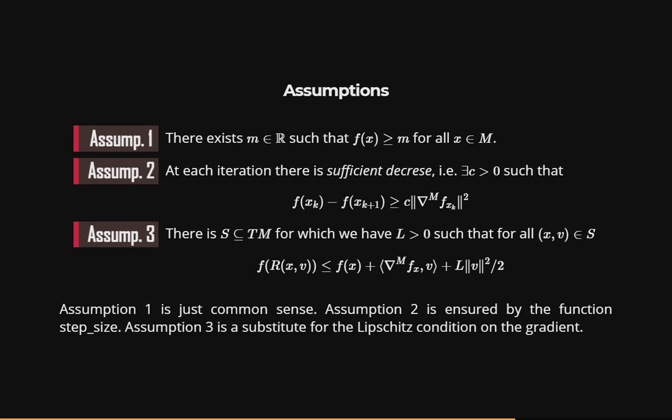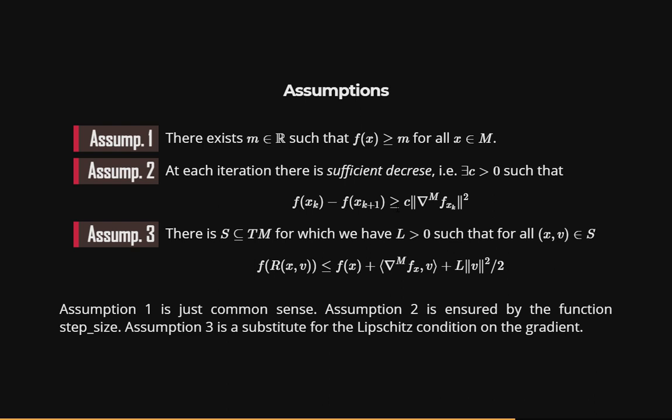So assumption 1 depends just on the problem we ask, on our cost function. Assumption 2 can be obtained if we choose carefully the step size. Assumption 3, again, is something which depends on f.